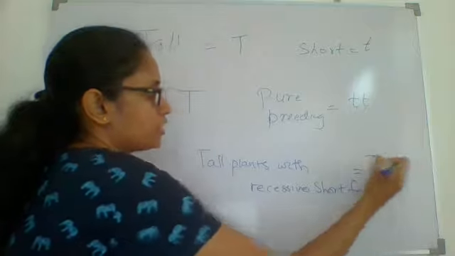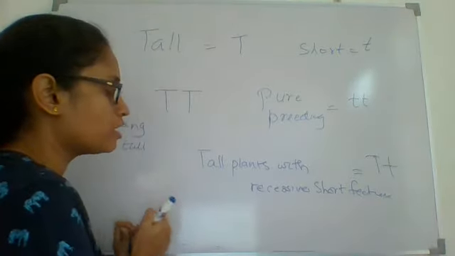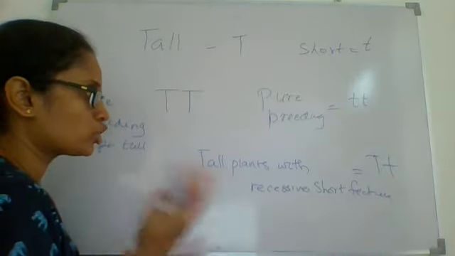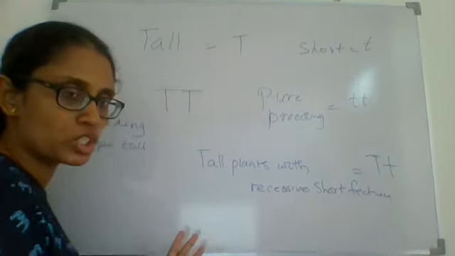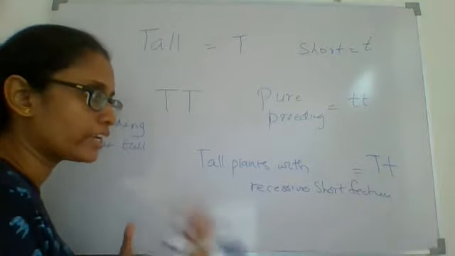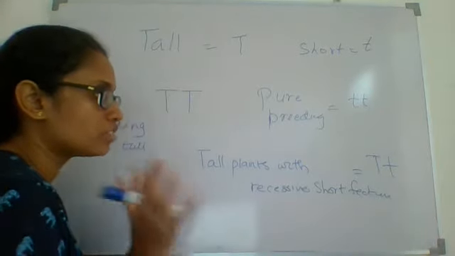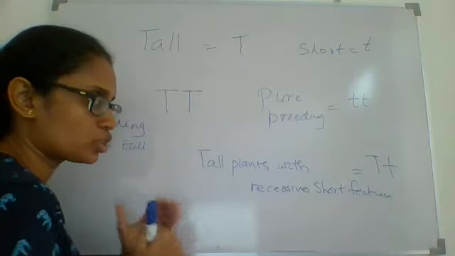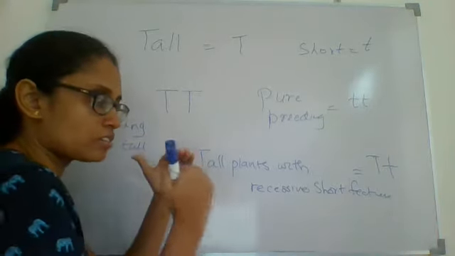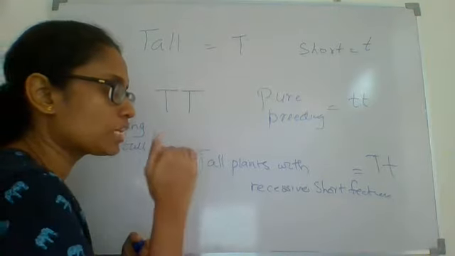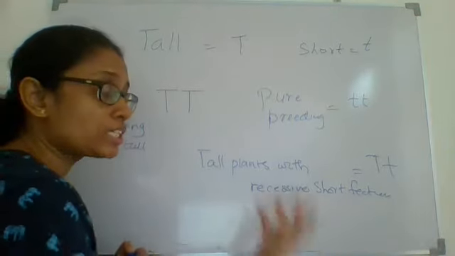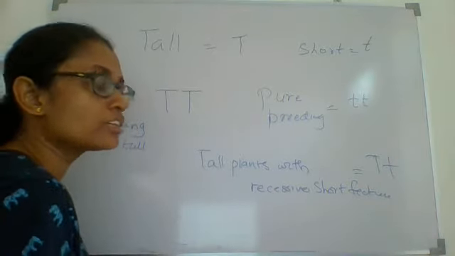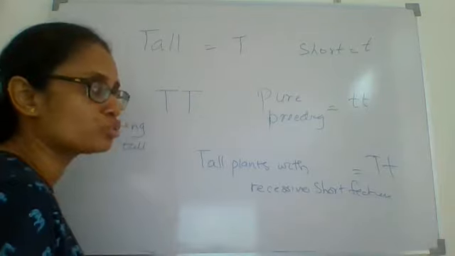Mendel found that these short plants do not appear in the first generation, so he discovered that the gene responsible for this shortness is recessive. That means it is hidden in the first generation, but it is presented in the next generation, that means the F2 generation.